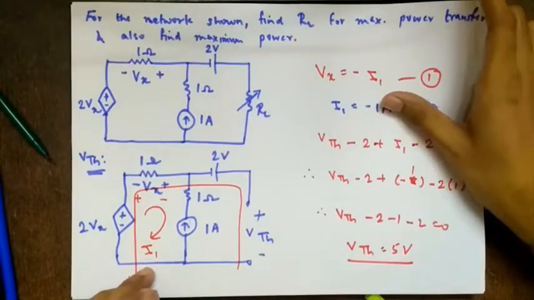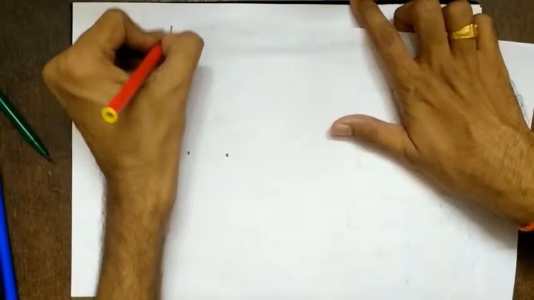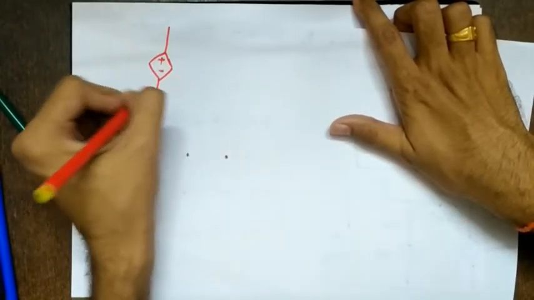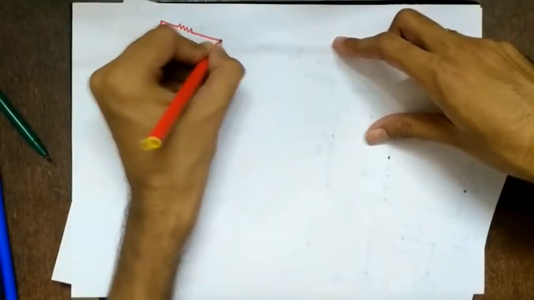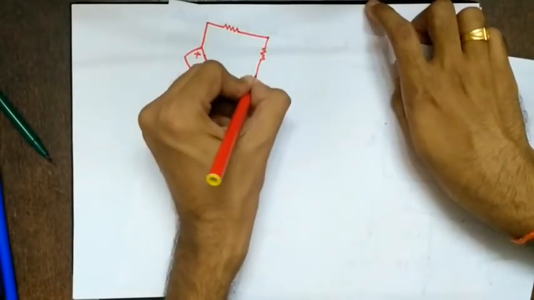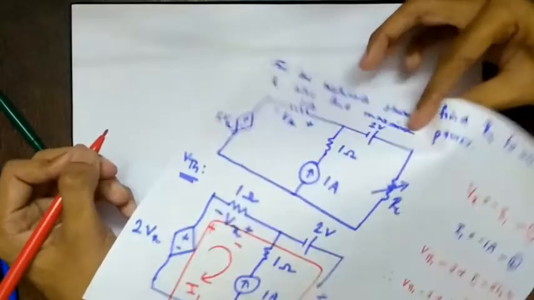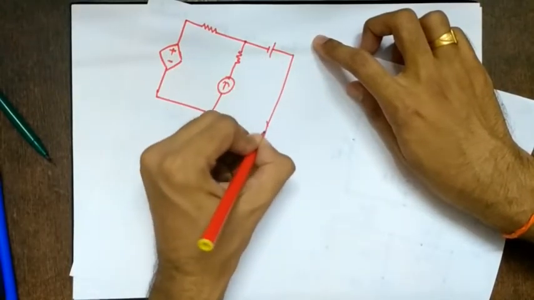Next, what do we have to find? RTH. So we'll short this and find IN. Shorted.